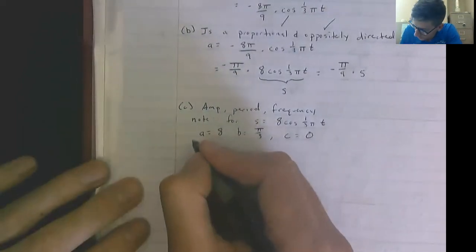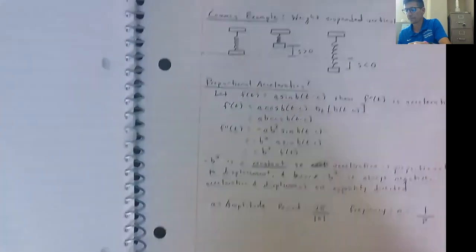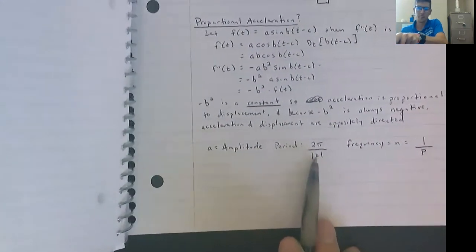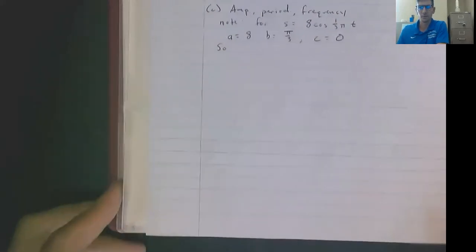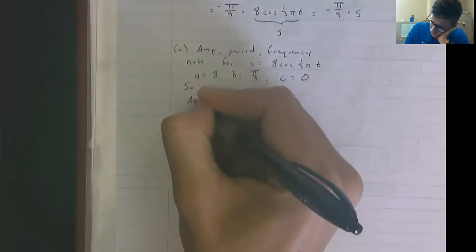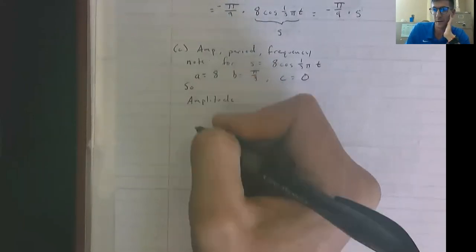So just applying what we reminded ourselves of on the previous page about how to do amplitude and period and frequency. Amplitude is A, period is 2 pi divided by whatever B is, and frequency is 1 divided by what period ends up being. So easy, we're fine, we're good. So amplitude. And I do recognize that there are multiple A's flying around here.